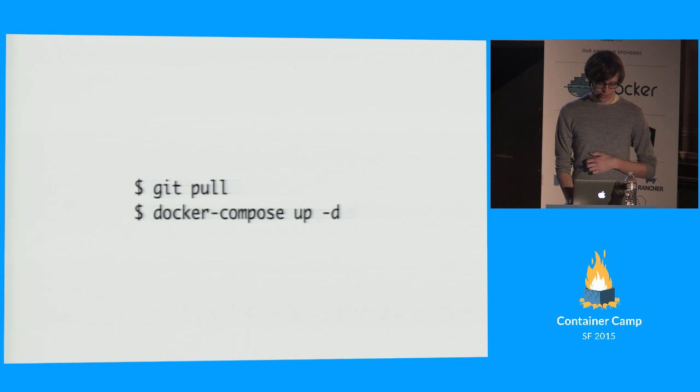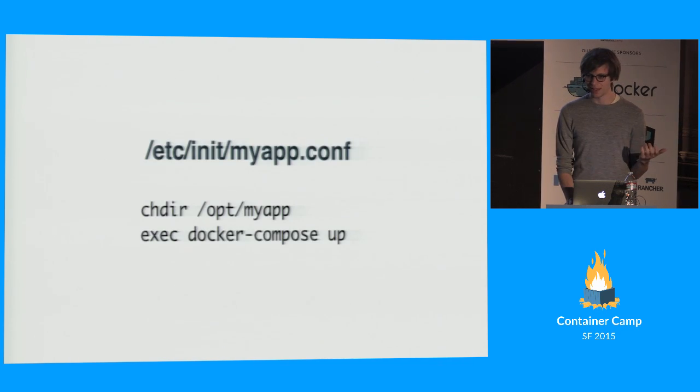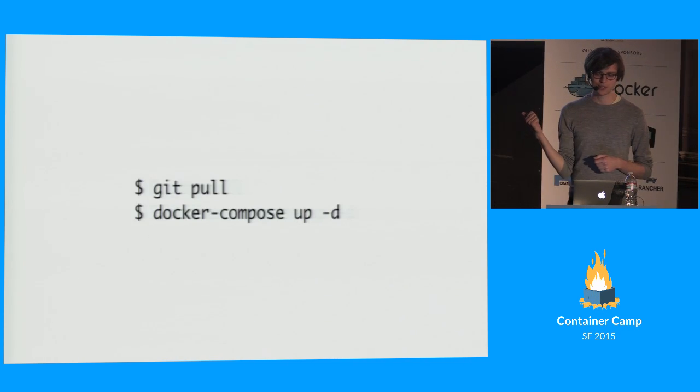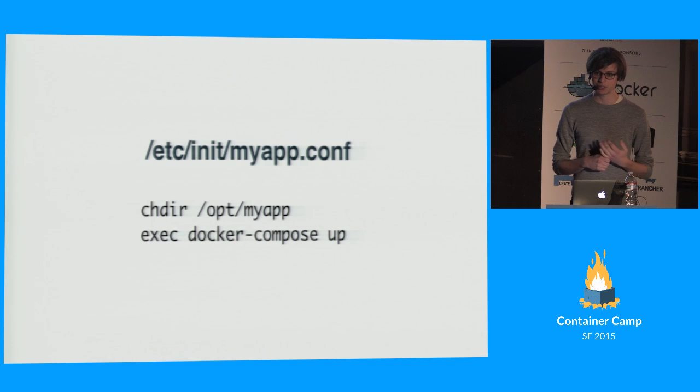There's also a variation on this, which is you can put that essentially in an init script. So you can use upstart to manage this, because the disadvantage of this is if your server restarts, then your containers don't restart. You have to run Docker Compose up -d manually, and that kind of sucks. So alternatively, you can put it in an upstart script, which is essentially the same thing.